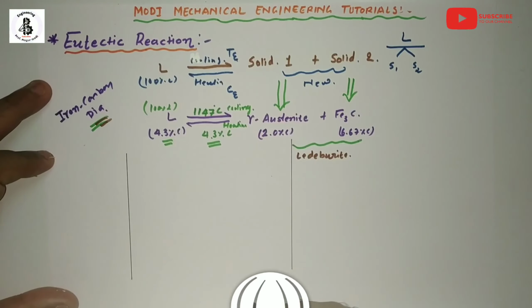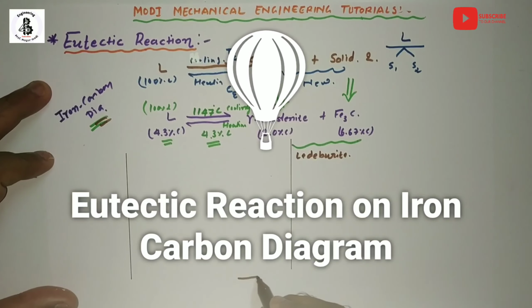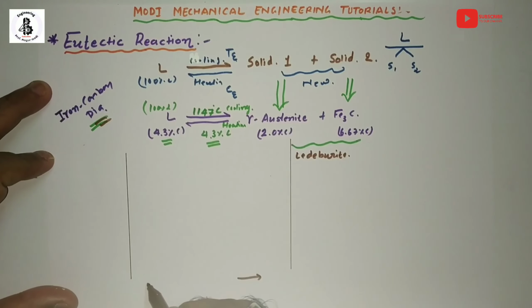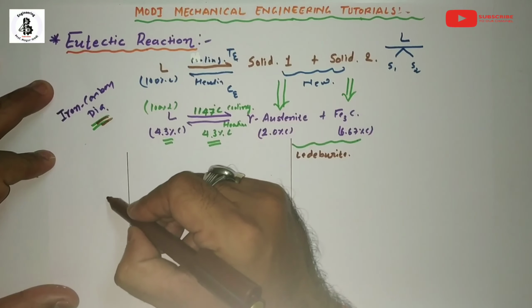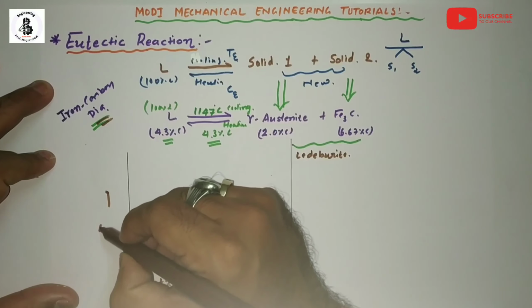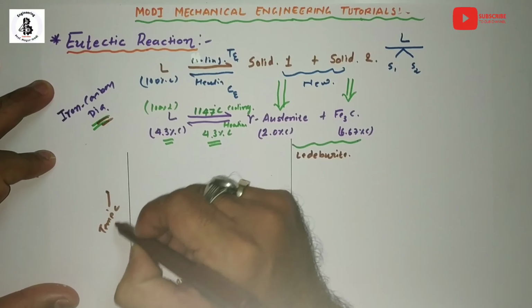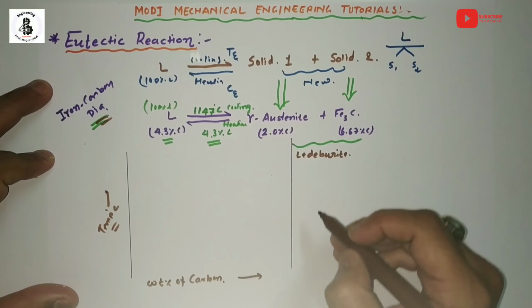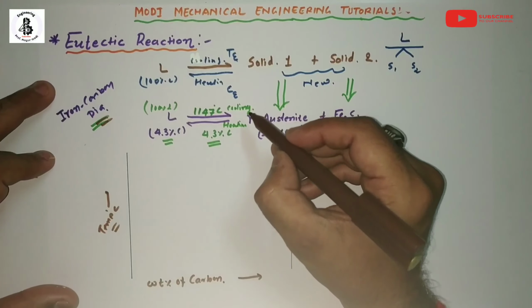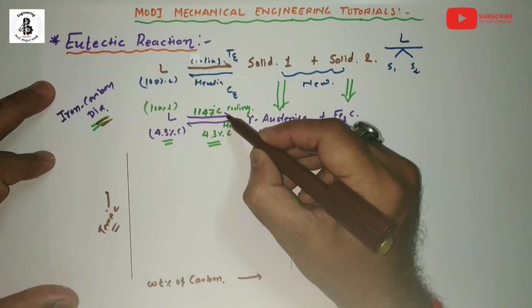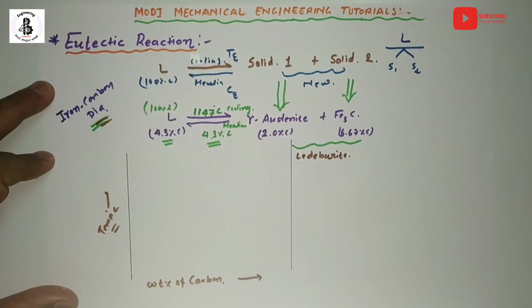So let's see. On the x-axis is the weight percentage of carbon, and on the y-axis is the temperature in degrees centigrade. You can make a point at the eutectic temperature, which is around 1147.